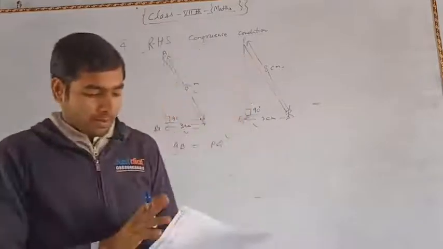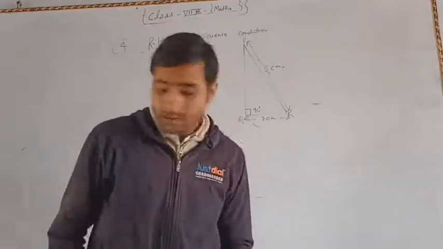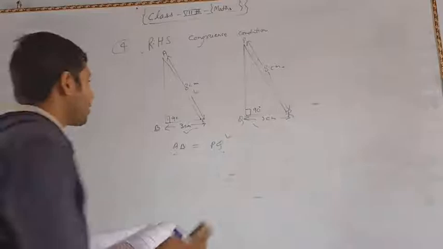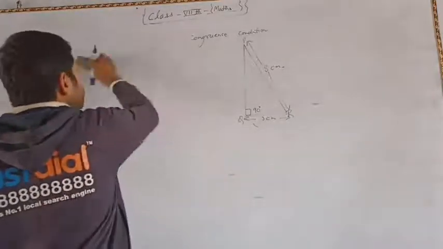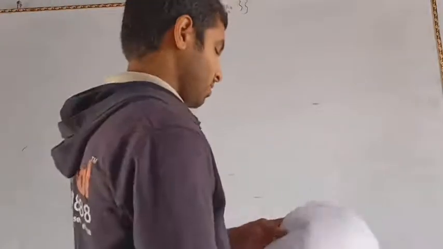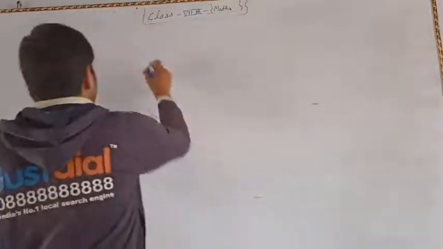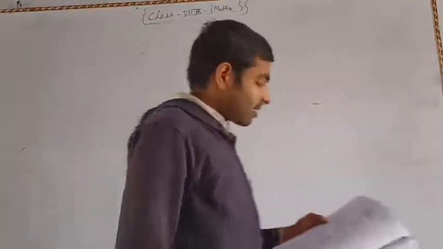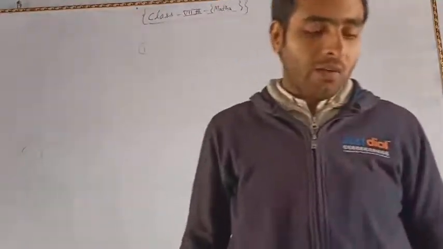Again, we come to the exercise 12.1. In the first part, it is given: which of the following pairs are congruent.